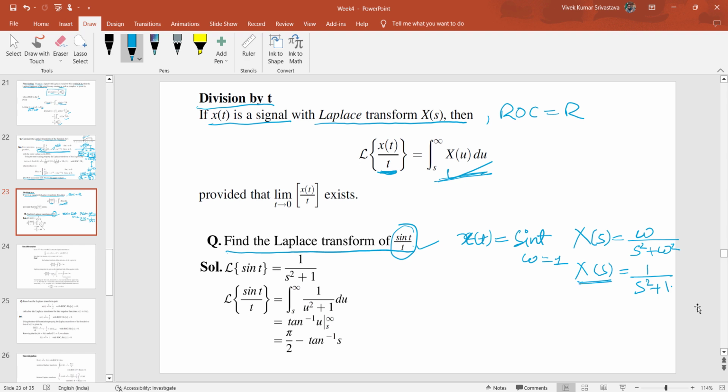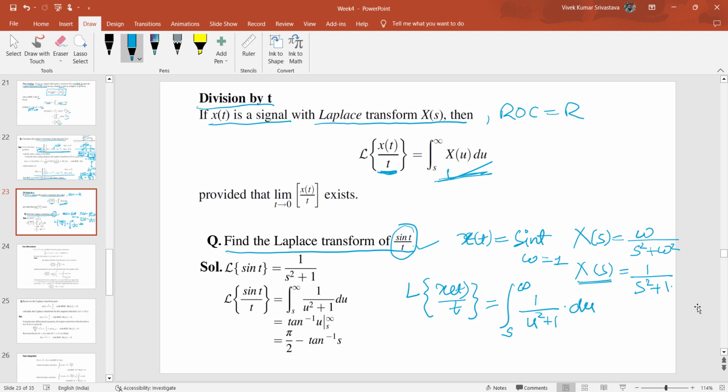Okay, so this x of s is given to us. Now for evaluating the Laplace transform of x of t over t, we will use this property, that is integral s to infinity 1 over u square plus 1 du.